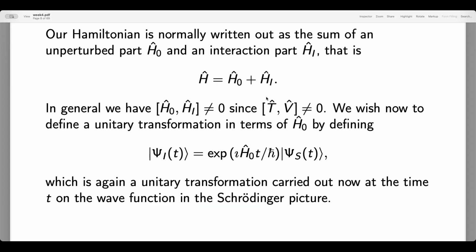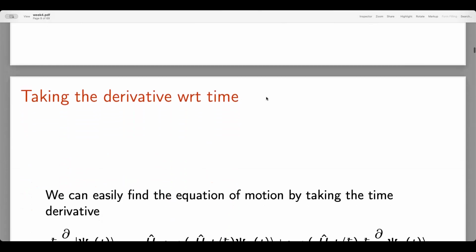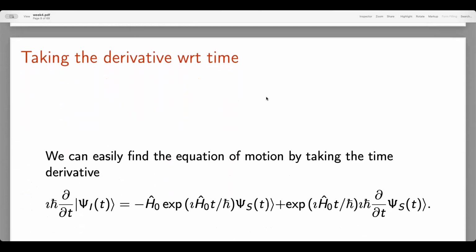This could be a magnetic field they can manipulate, or they can have lasers. We do quantum optics. That is another type of platform which is used for quantum computing realizations. Okay? So I'm trying to link this with what is going to come now.